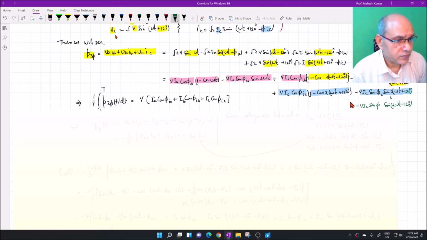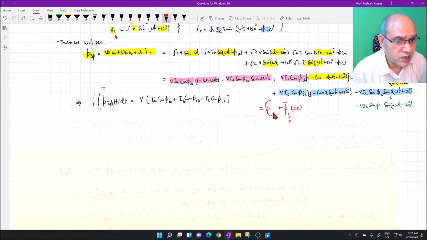And if you sum them, you will see there are two terms again. One is the constant term, that is the cos phi A term, and the other is the time varying term. These time varying terms are not equal to 0 because the currents are different. Earlier we have proved that this whole term can be written as a constant term plus a time varying term, and in case of a three-phase balanced system this term was equal to 0, but now it is no longer equal to 0 because we do not have a balanced three-phase system.